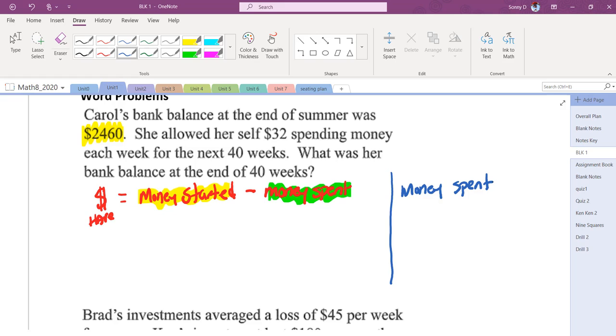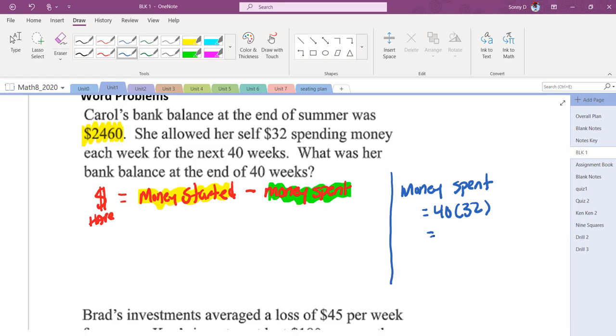Yeah. So if she only spent $32 for 1 week, she would spend $32. If it was for 2 weeks, it would be $32, another $32 would be 64. If it's 3 weeks, add another $32 in there, right? So Noah's thoughts are correct. So money spent is our 40 times our 32, right? And this you can use a calculator for. It's fine, or you can do it in your head, right?